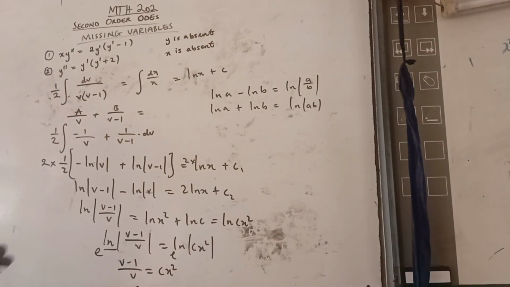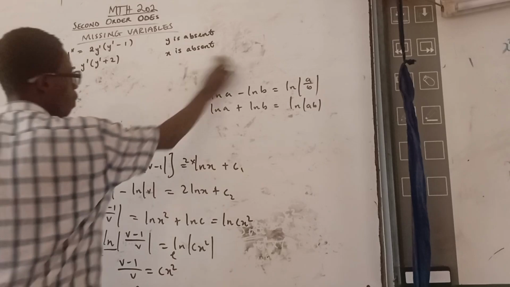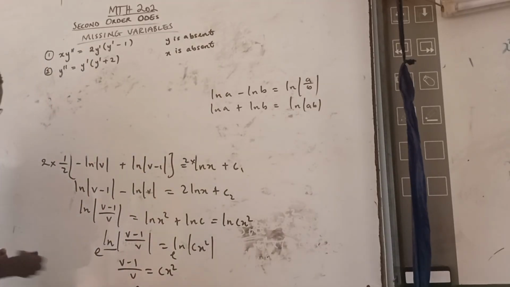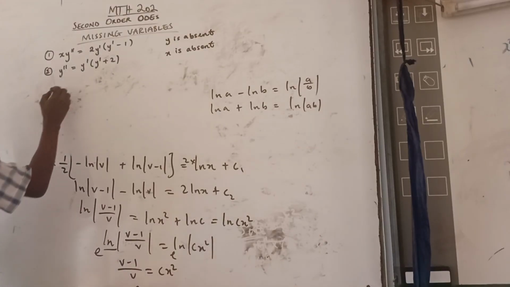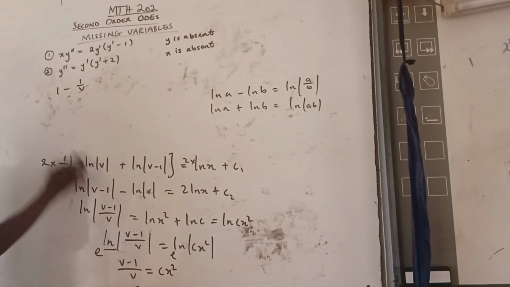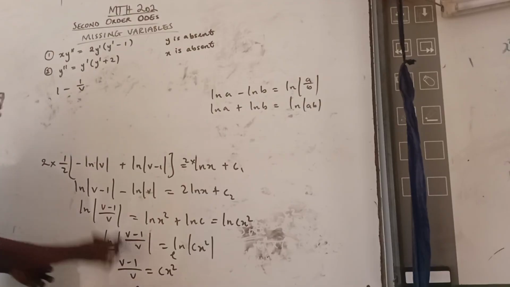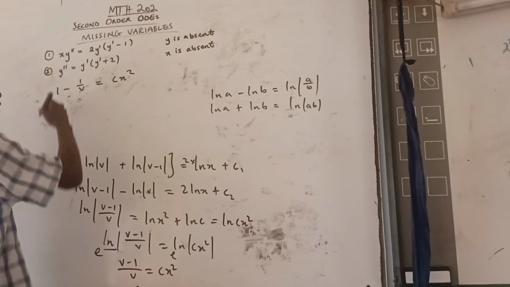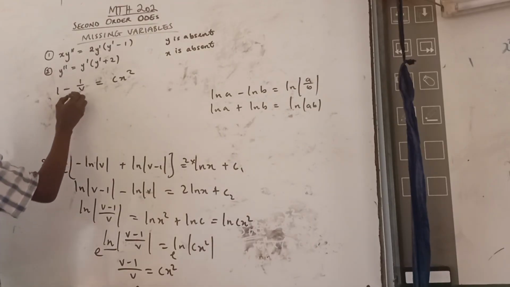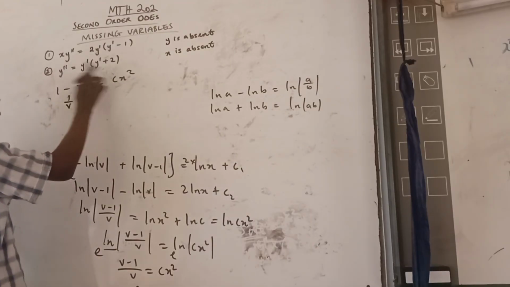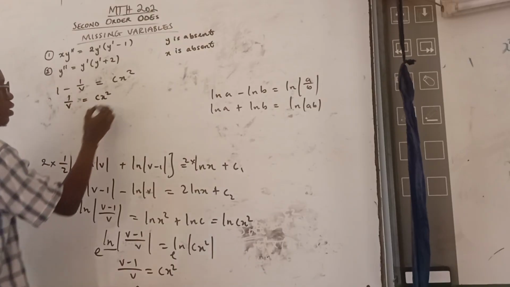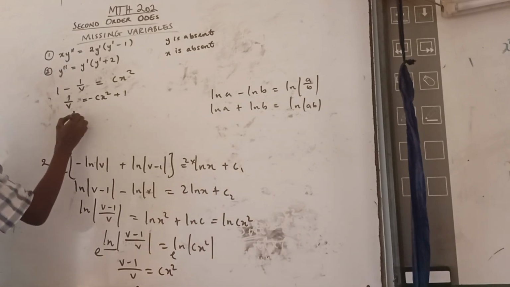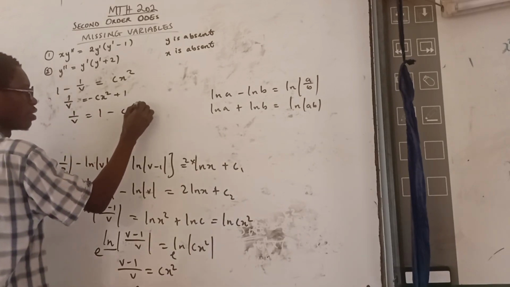Continuing with that, if we divide both terms by v, we have 1 minus 1 over v, since v divided by v is 1, equal to cx squared. So I can bring this to the other side and that to the other side, and I get 1 over v equals 1 minus cx squared.